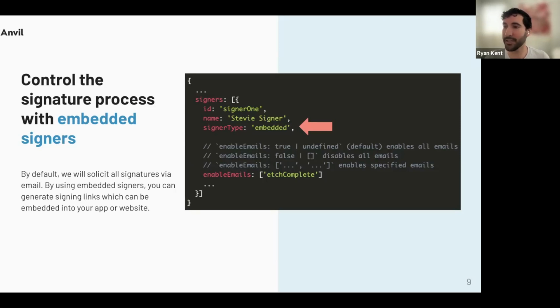Instead, you will control the entire signature process via a sign URL created by the generate etch sign URL mutation. You can either send the signer their own unique signer URL or embed the signer URL in your application using an iframe. If you have a redirect URL set up for your signer, the iframe will be redirected to a designated URL when they are finished signing.